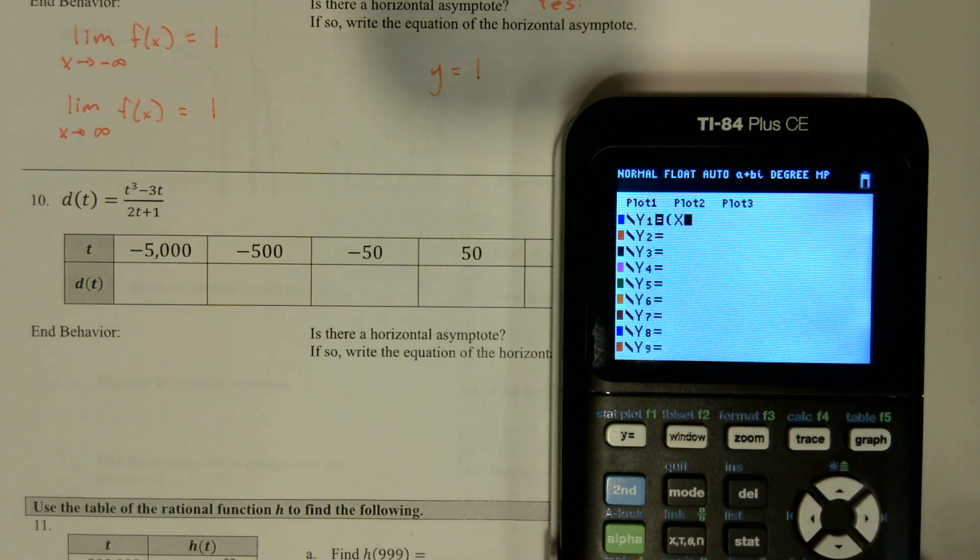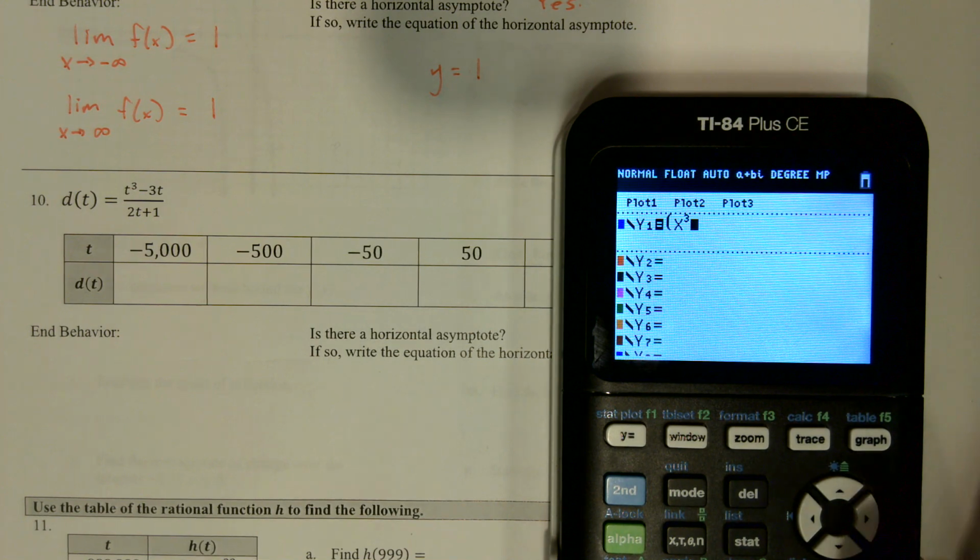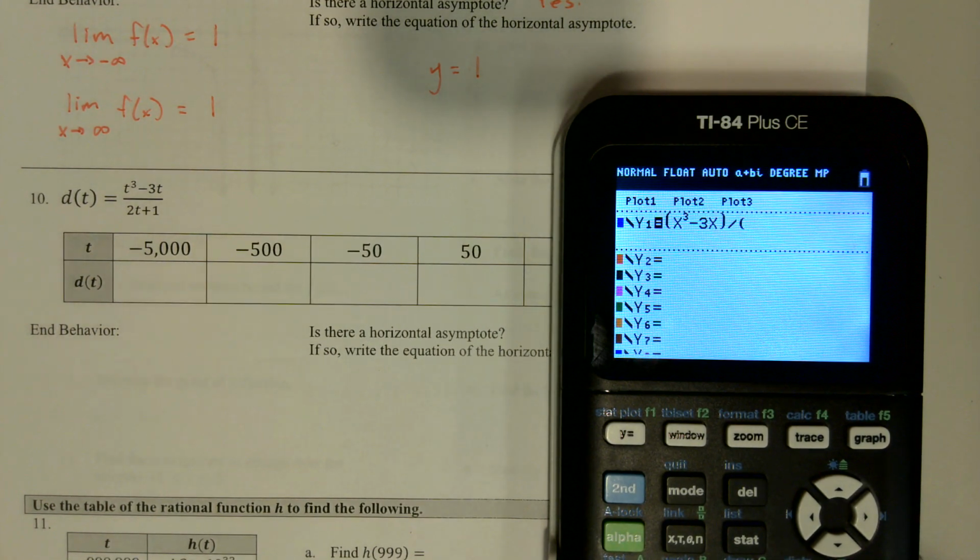We'll type in x to the power of 3 minus 3x. I'm using x because our calculator doesn't interpret anything other than x, so we're just replacing t with x. We put all of the numerator in parentheses and then divide by all of the denominator in parentheses. So we'll have 2x plus 1.